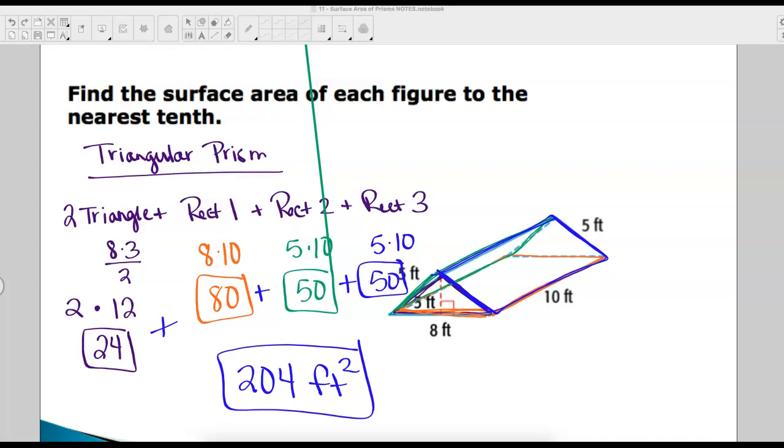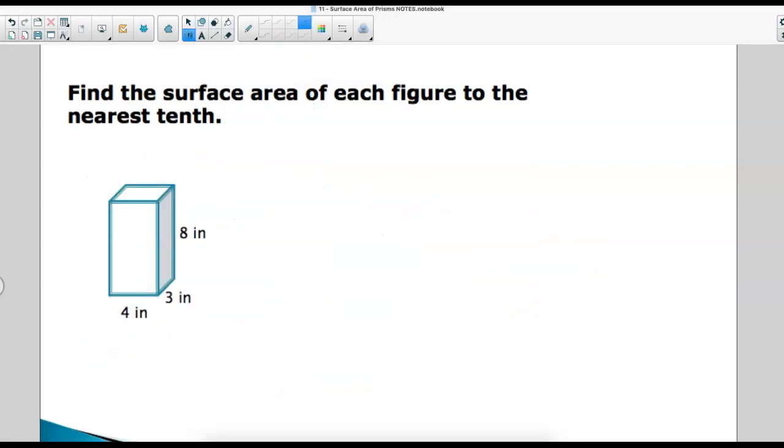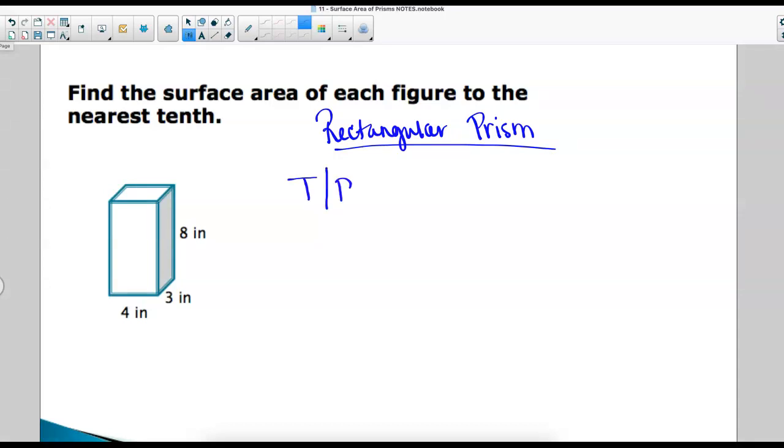Okay, so looking at the next one. This time it's a rectangular prism. So if we have a rectangular prism, then what we really have is a top and a bottom plus the front and the back plus the left and the right.